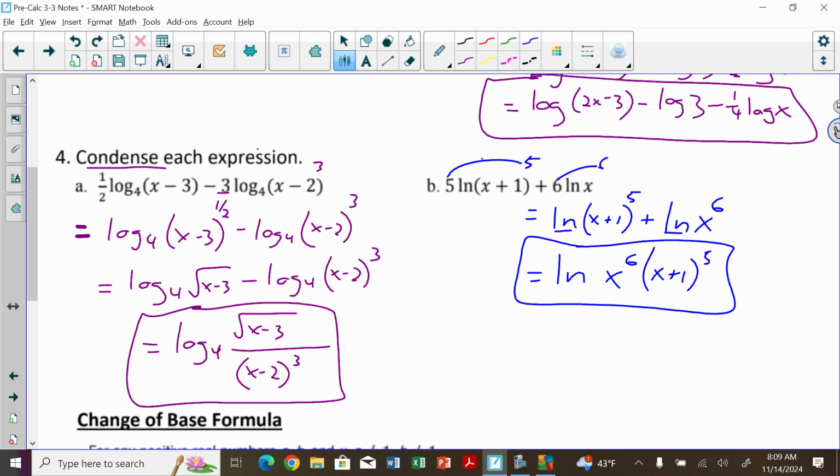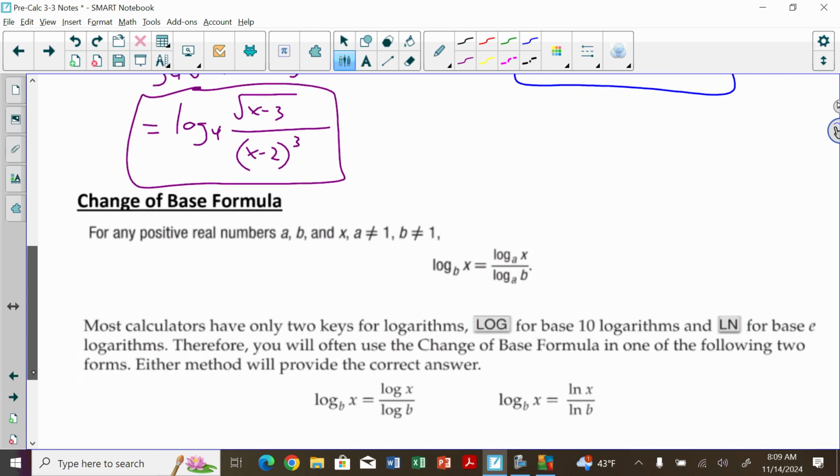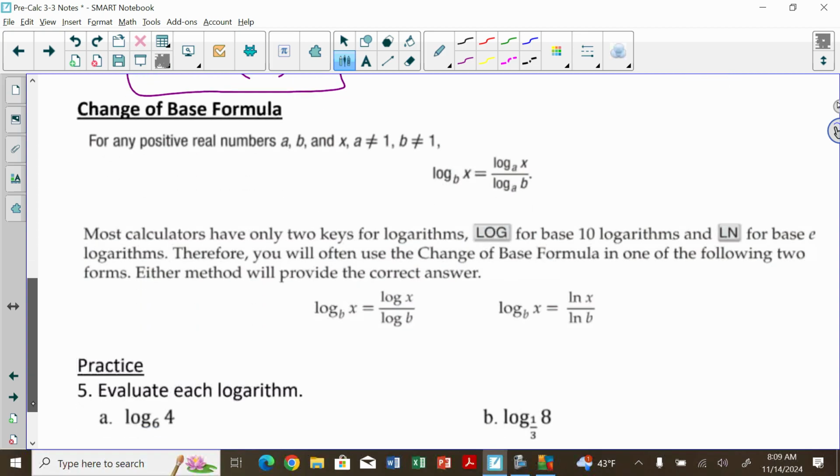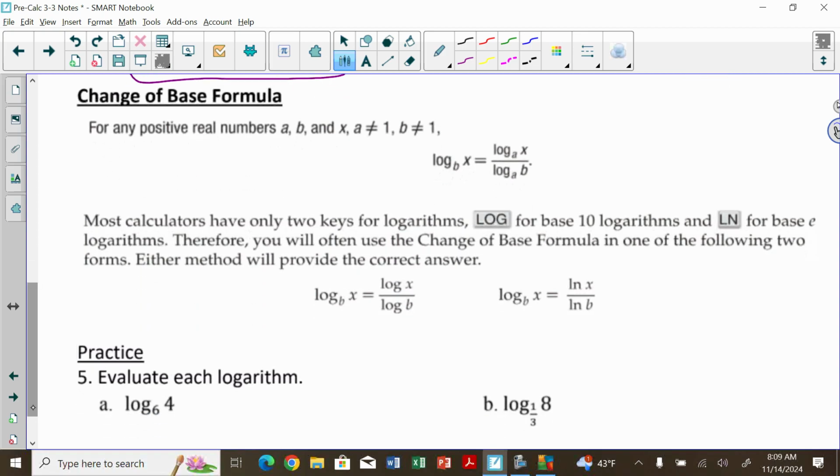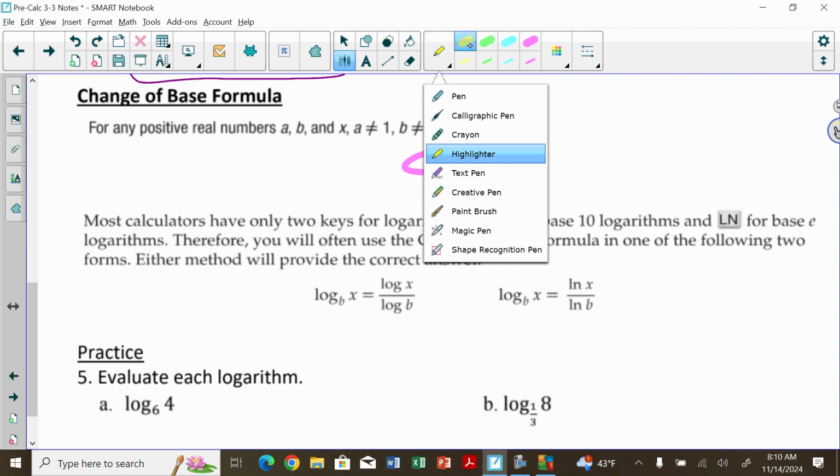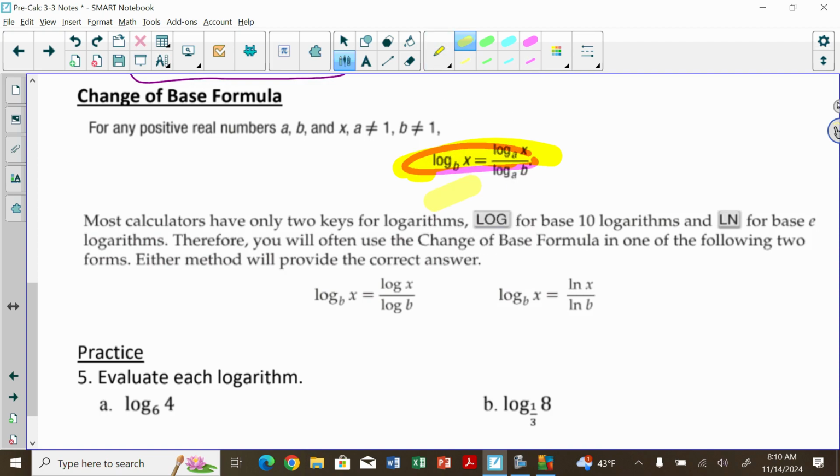Okay? All right, last thing, and these will go a little bit quicker: the change of base formula. Anytime you have positive real numbers a, b, and x, and a and b aren't 1, this formula will hold true. Draw this if you need to, write it down: log base b of x equals log base a of x over log base a of b.